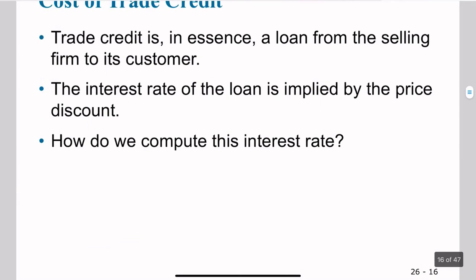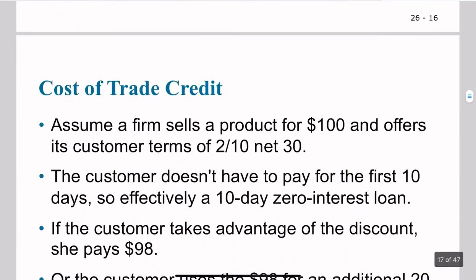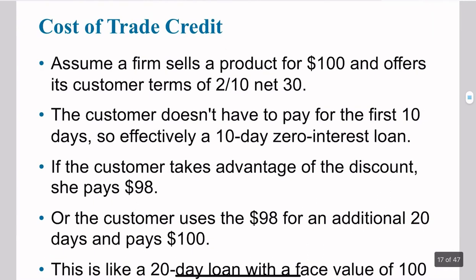Now, let's see how we can compute this interest rate. Let's say we assume a firm sells a product for $100, and the credit term here is 2/10 net 30. So basically it means that if the firm's customer pays within 10 days, then the customer will get a 2% discount, right?